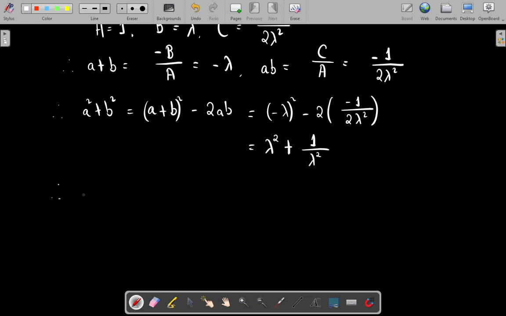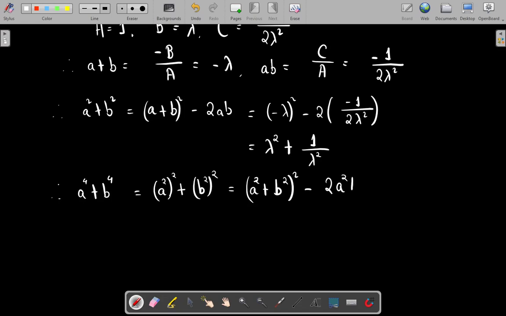Now what about a to the power 4 plus b to the power 4? This is a square whole square plus b square whole square, right? So this gives us a square plus b square whole square minus 2 times a square b square, where a square b square is ab whole square.